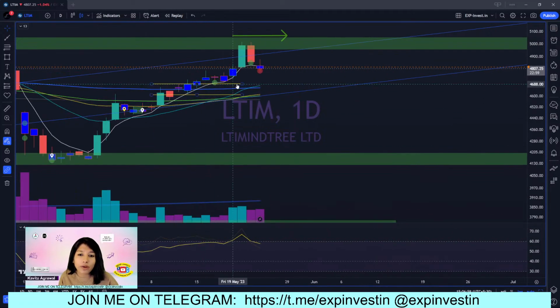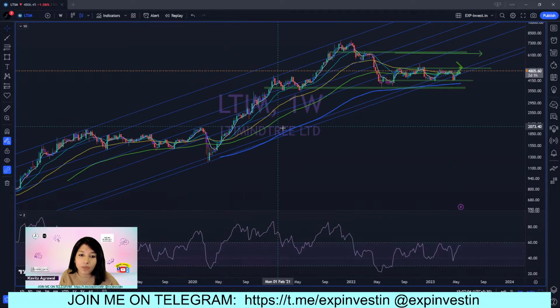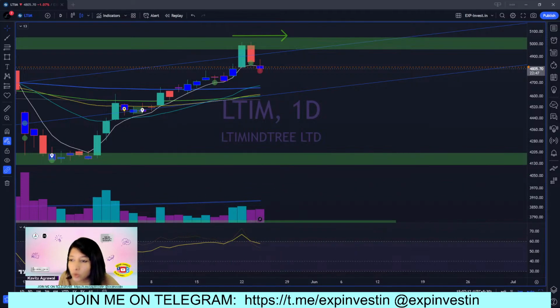I basically wanted a reflection of the monthly candle on the daily time frame via the RSI. On the weekly time frame, I'm using a 12 period RSI, and the monthly time frame is not relevant, so I don't see much RSI on the monthly time frame.